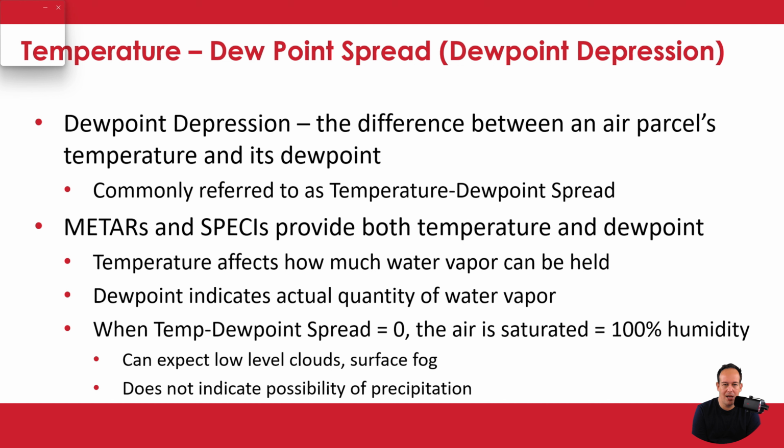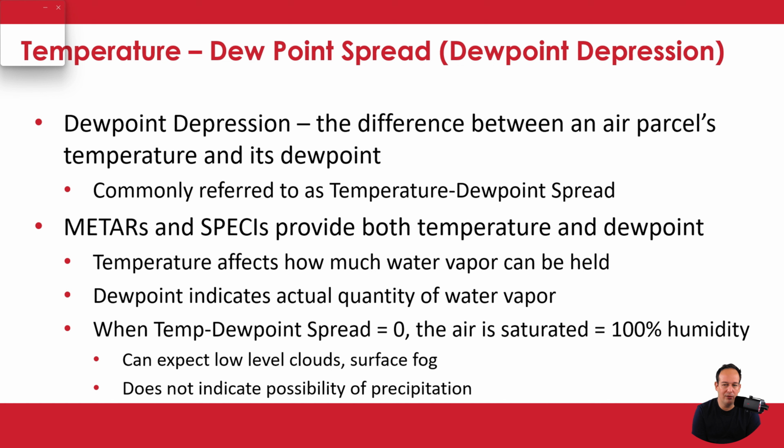And by looking at what the temperature is versus what the dew point is, we can gauge the spread between them, how close we are to saturation. And so when the temperature is the same as the dew point, we would say that the temperature dew point spread is 0 and that the air is 100% saturated, meaning 100% relative humidity.